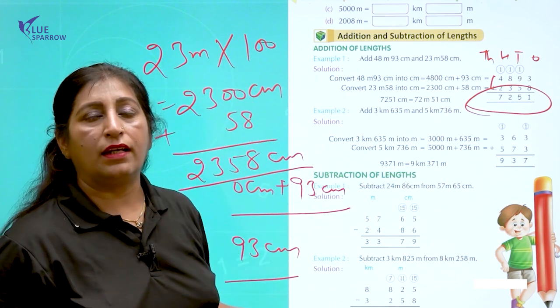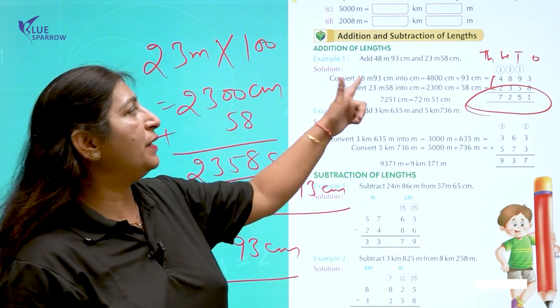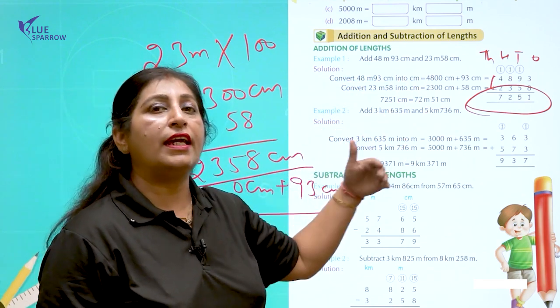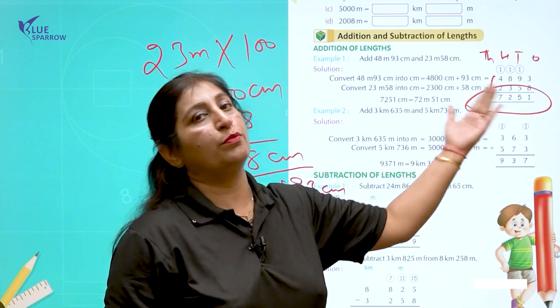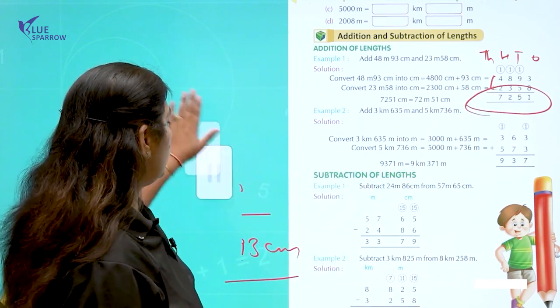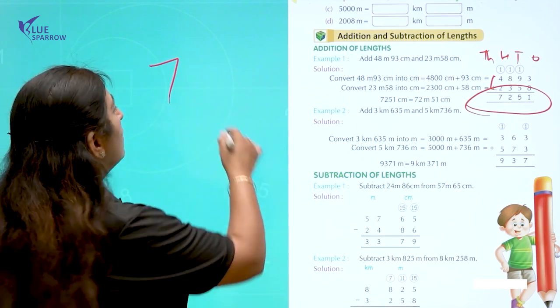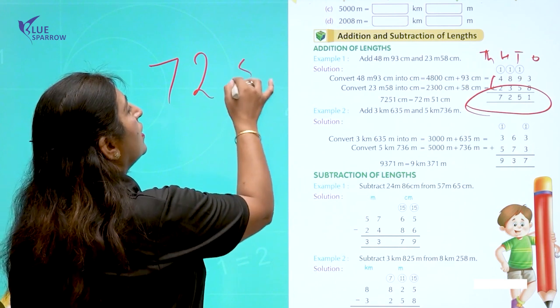And for writing 7251 centimeter in the form of meter and centimeter, we would again convert this centimeter into meter and centimeter. To convert this length, we would pick out the thousands first. The number is 7251.